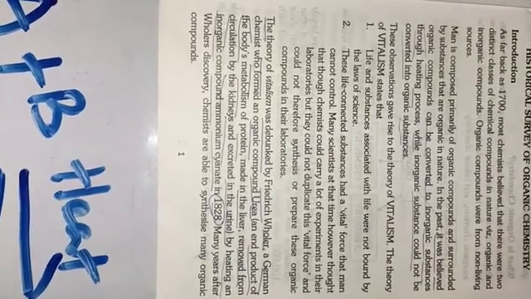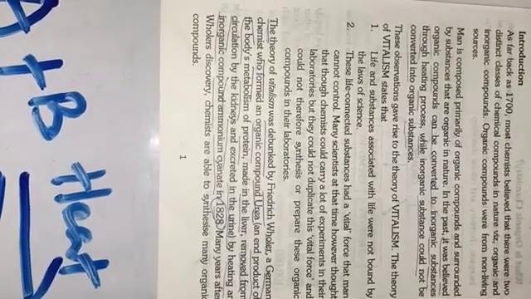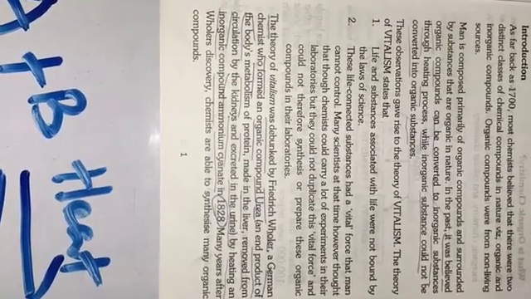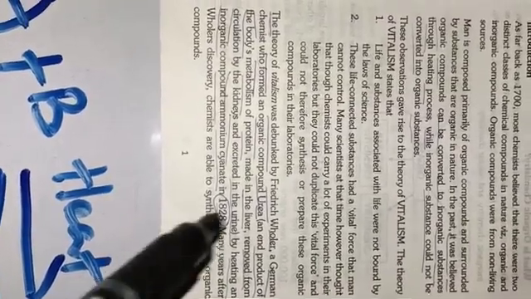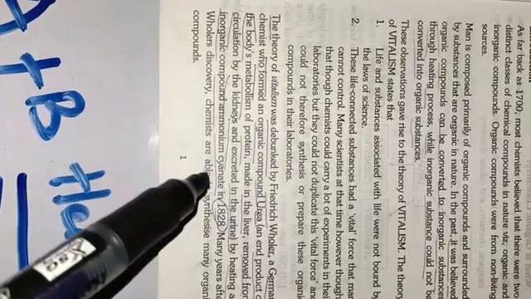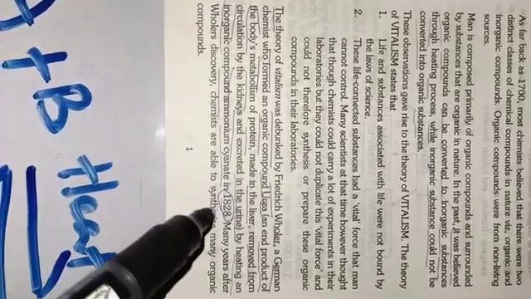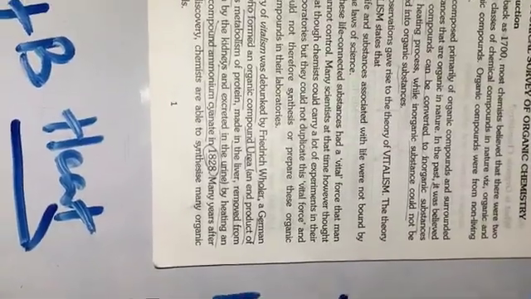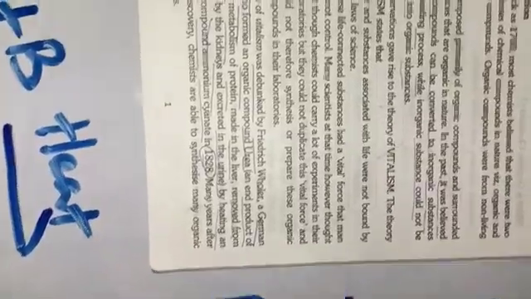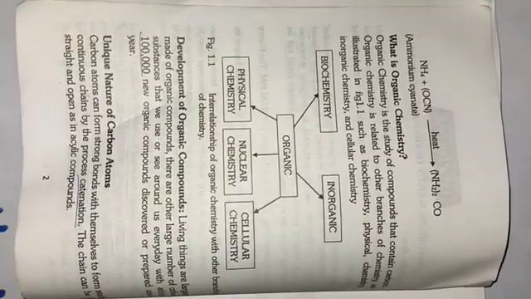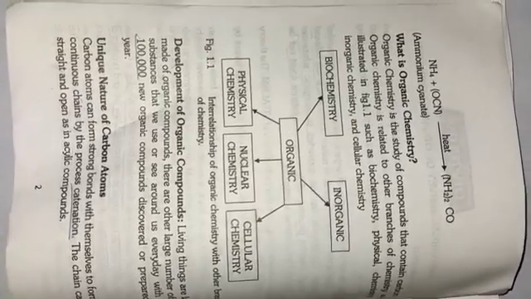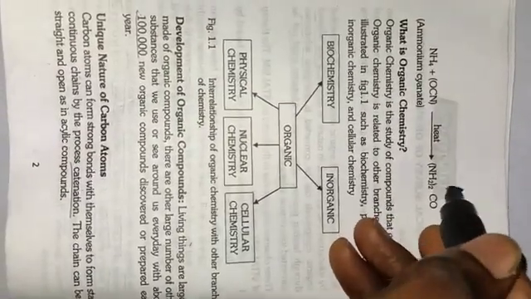He formed an organic compound urea by heating an inorganic compound ammonium cyanate. The word cyanate there is from the alkanoid family. What he did was balance this, and this should be positive, yes.